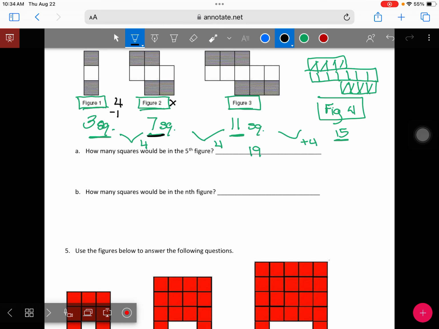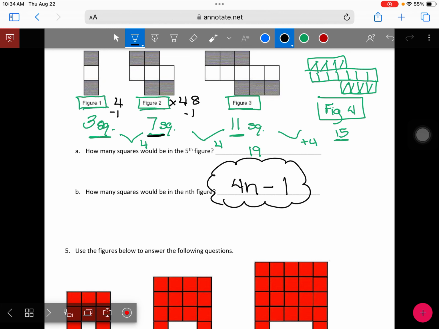What about 2 times 4? Gives me 8, subtract 1. 3 times 4. So the nth figure would be whatever n is, 4 times n minus 1. So that's what you need to ask yourself on some of these, okay?